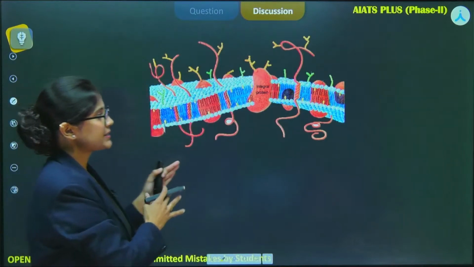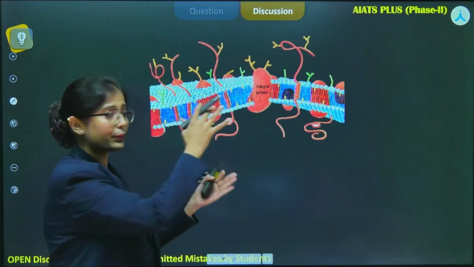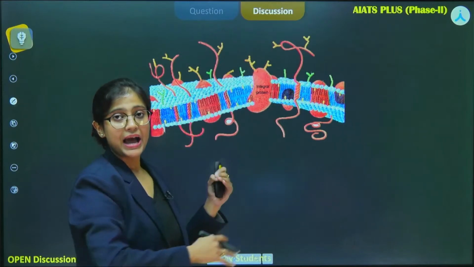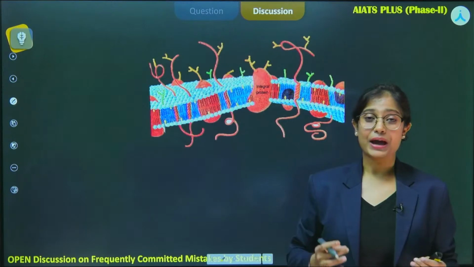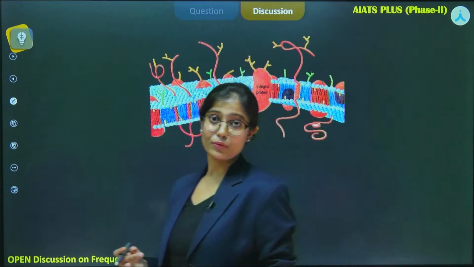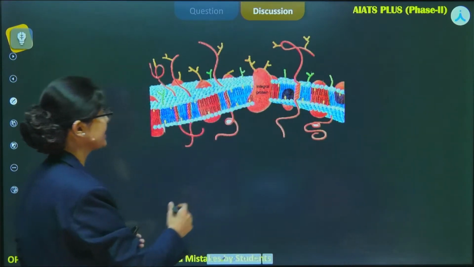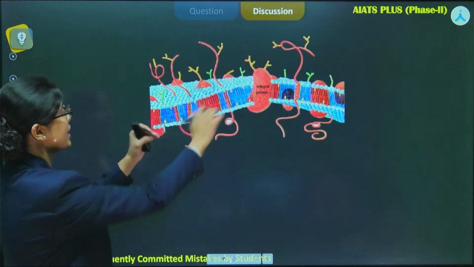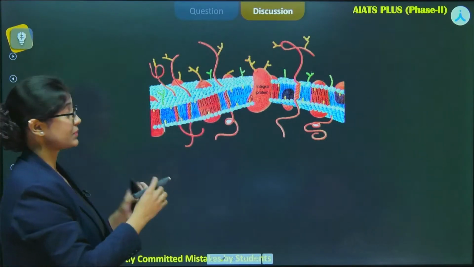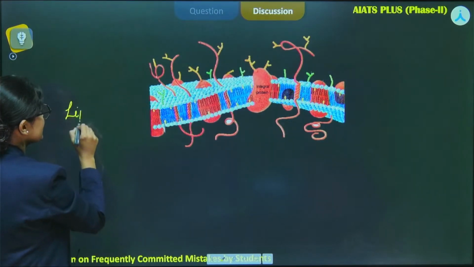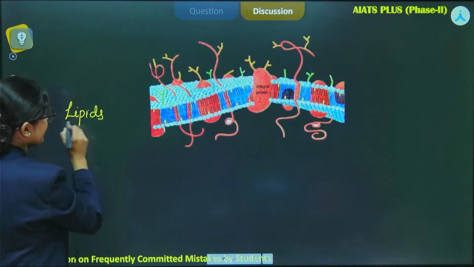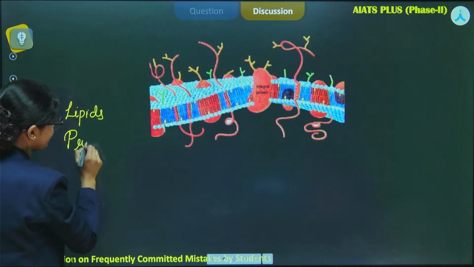Right, so before that, how we actually reached this model: as time went on and our microscopy techniques improved, with the evidence of that, this structure was able to be found. Now, the main composition of plasma membrane is lipids and proteins.